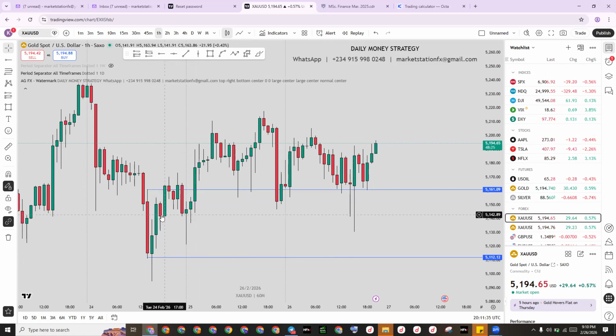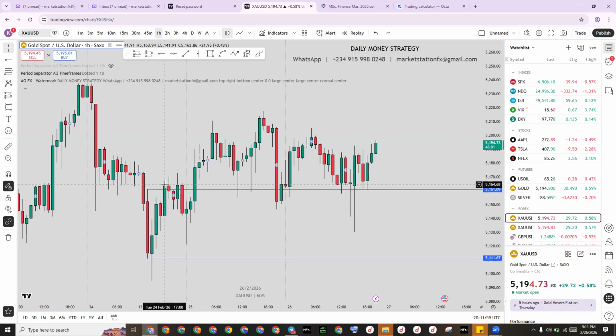So are we going to use it like that, even without the wick? No, no. Our CRT does not depend on whether the candle has a wick or not. So now you got that these are CRT candles, right? Yes.